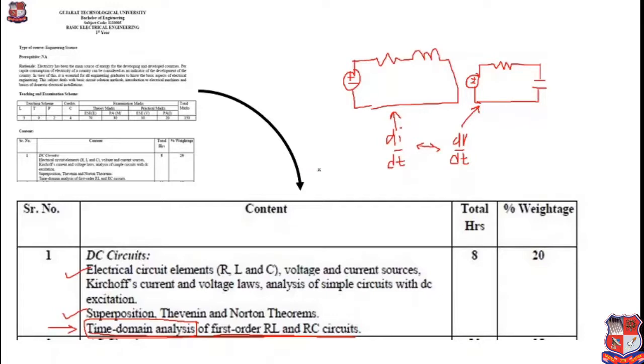Similarly, when you discharge this circuit, it takes some time to completely discharge from initial condition to final condition. So these two conditions make time domain analysis of first order RL and RC circuit an important topic to be discussed. So let us begin.